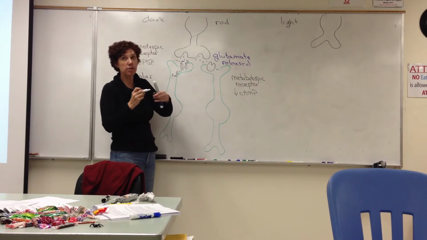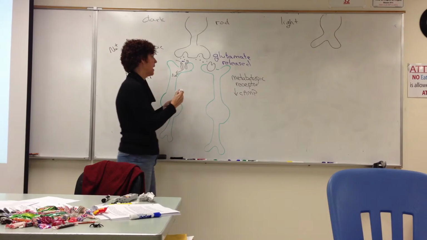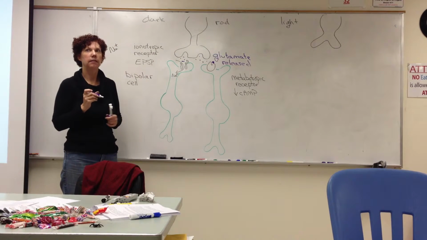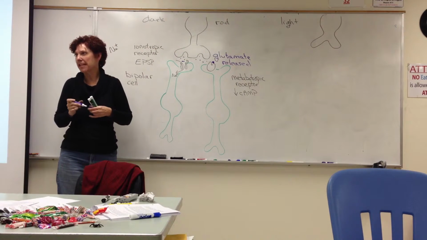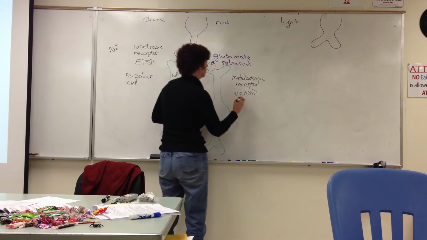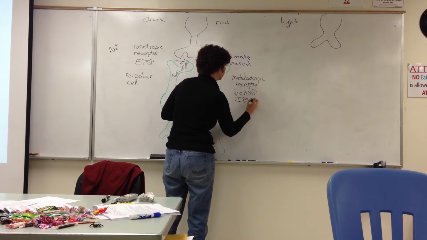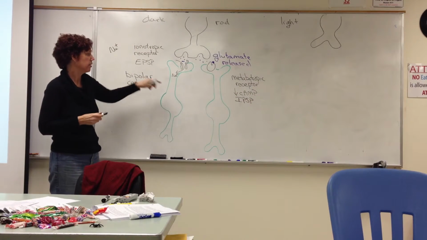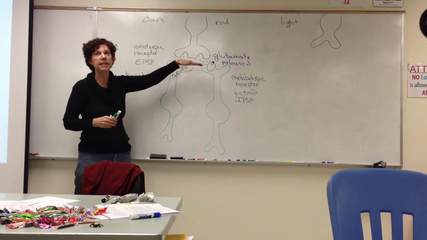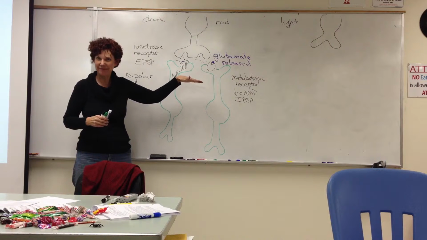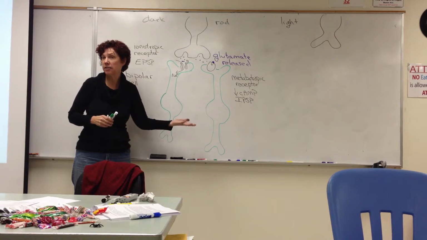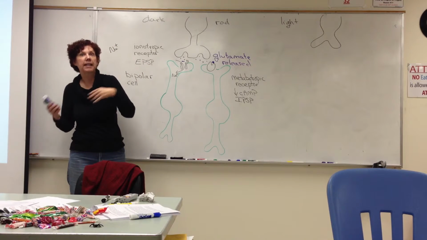So when the same neurotransmitter glutamate binds to this cell, are we going to make an IPSP or an EPSP? An IPSP. So the effect on the bipolar cell in the dark depends on what kind of receptor it has for glutamate. Some cells will be activated in the dark and some cells will not be activated in the dark.